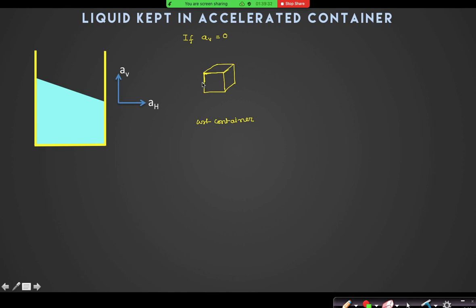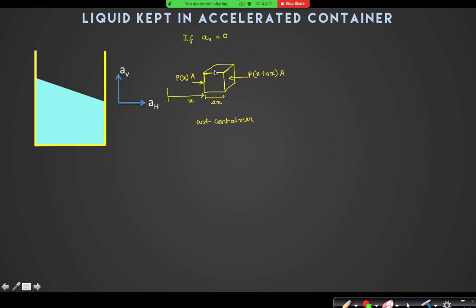So in the horizontal direction, this pressure will be P of x if I consider this surface to be at a distance x, and this distance is delta x, into A. And from here the force is P of x plus delta x into A, and there will be a pseudo force also.